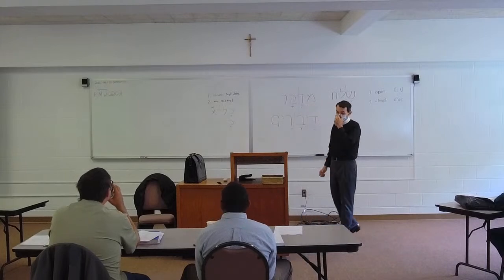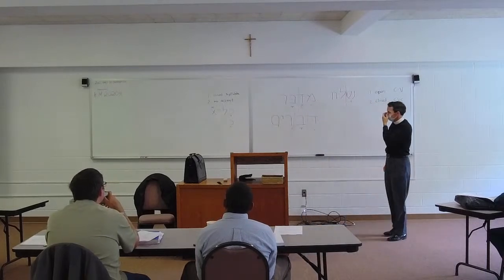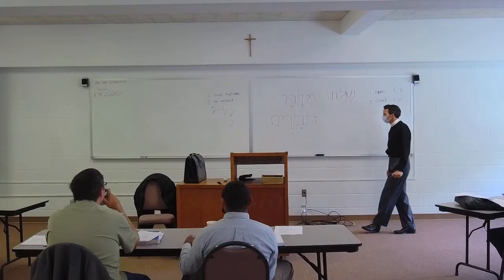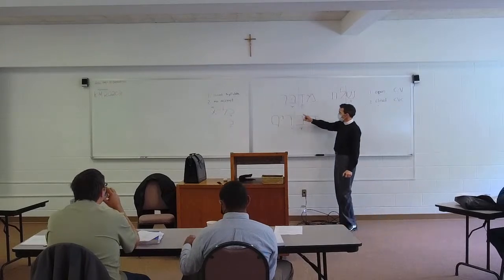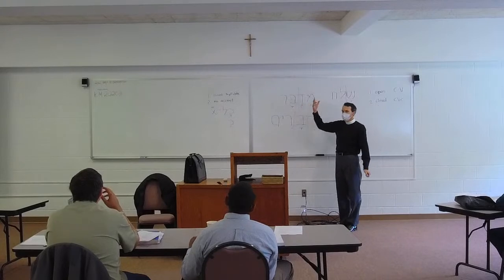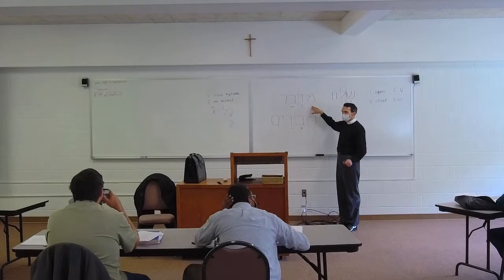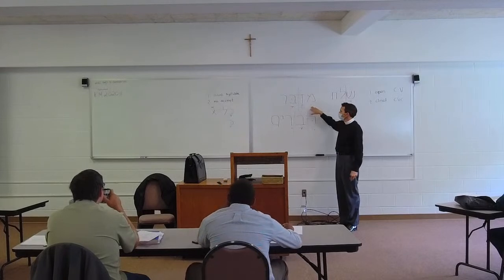In both of these words, we pronounce the bet like a vet. Wouldn't one be a bet? No, yeah, you're right. You're right about that. I thought I pronounced it correctly. Listen to this. It could be it's just hard to hear through this.